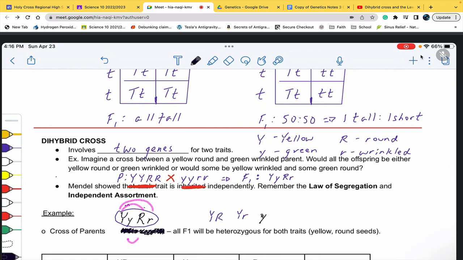Let's fix this here. And then the last combination is little y, little r.